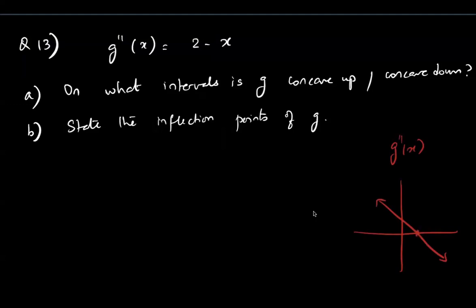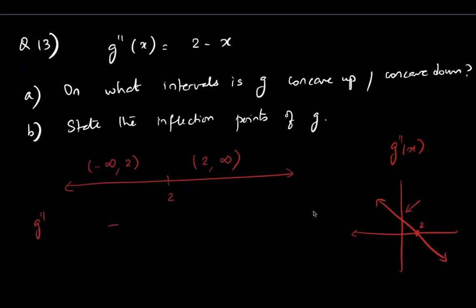And this intercept here is going to be 2, right? So based on that, what do you see? Suppose you had a number line, you're going to have 2 here. 2 is a critical value for the second derivative. For all the values of x from negative infinity to 2, you can see that the graph is above the x-axis. That means g double prime is positive in this interval and negative in this interval.